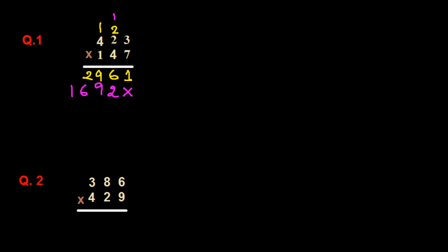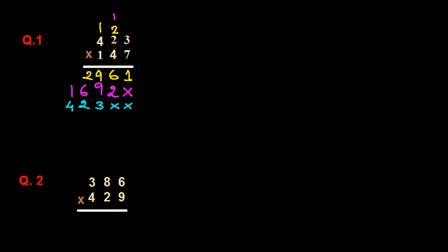Now in the next step we put 2 crosses on the right side of this result, and now we multiply 423 with 1, the hundreds place number. 1 multiplied with 3 is 3, 1 multiplied with 2 is 2, and 1 multiplied with 4 is 4.